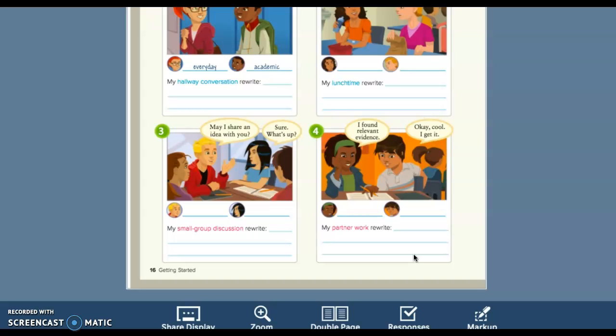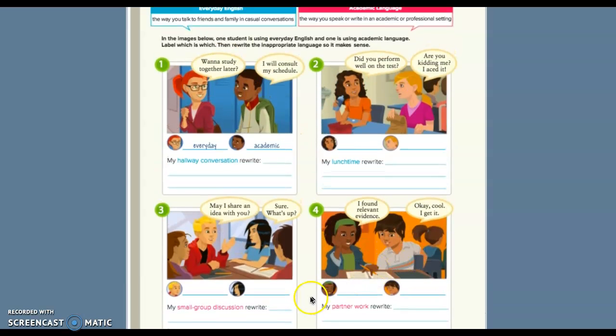I also find that in my writing. If I'm sending a text home to my wife about what we should cook for dinner, that's different than if I were to sit down and write an email to another teacher or to a parent about a concern that I have for a student. Does that make sense? Hopefully.